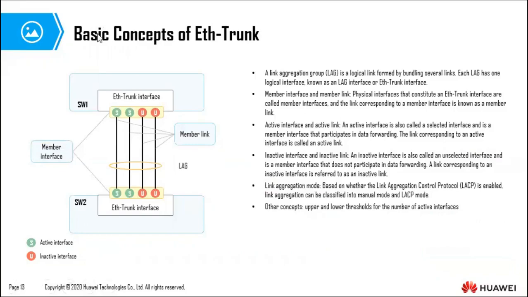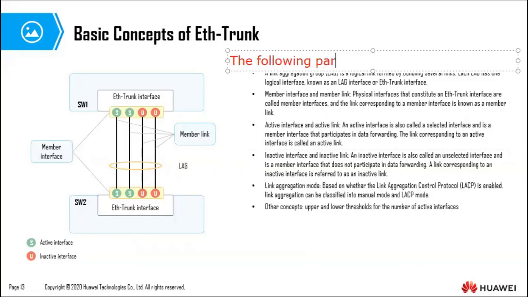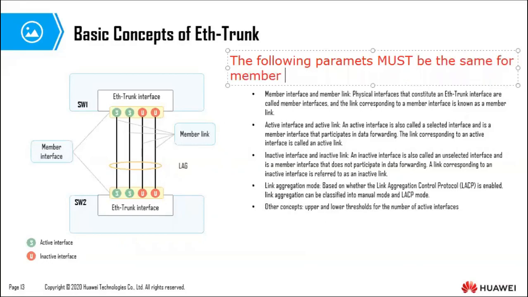Now, in order for an Ethernet trunk to work, there are parameters that need to match on both ends, on switch 1 and on switch 2. So the following parameters must be the same for member interfaces in an Eth-Trunk.